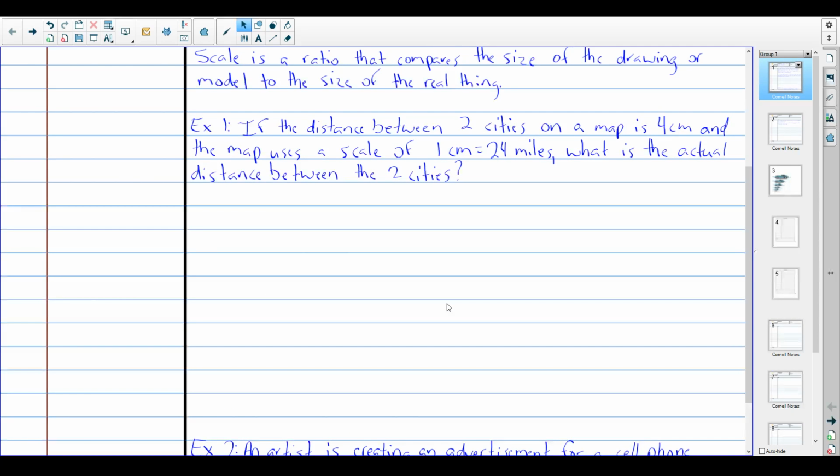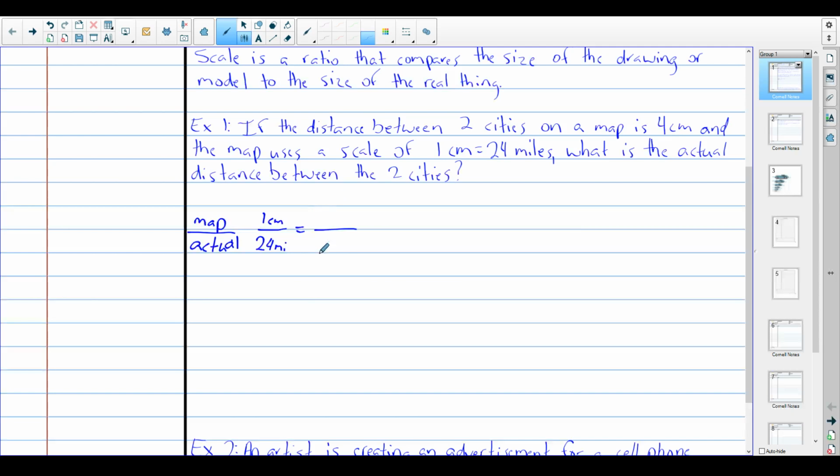So what we're going to do, we said still proportional relationships. We're still going to write a proportion. So we're comparing distance on a map to the actual distance. And on one side, we're always going to put our scale. So on the map, 1 centimeter, and then the actual distance for every 1 centimeter is 24 miles.